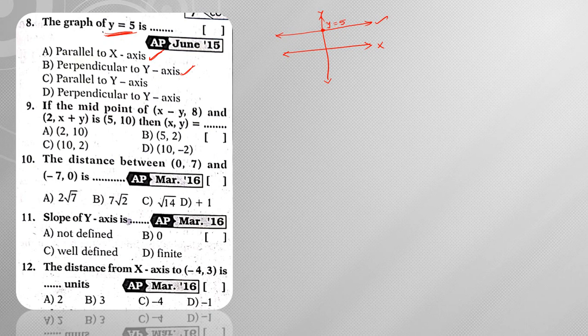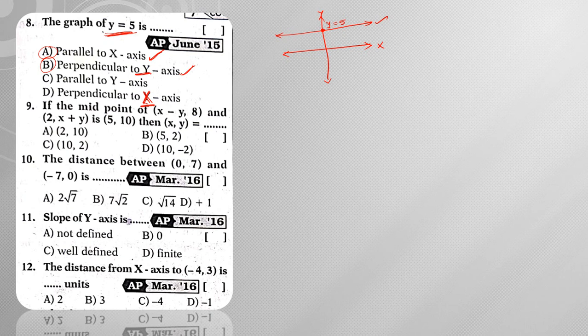So both options will satisfy the answer. Here two options are given as perpendicular to y-axis, so there is some mistake, I think, right? Both options will be satisfying this equation. Or suppose if this is perpendicular to the x-axis, then these two options will be different, but still option A and option B will be satisfying the given equation, right?